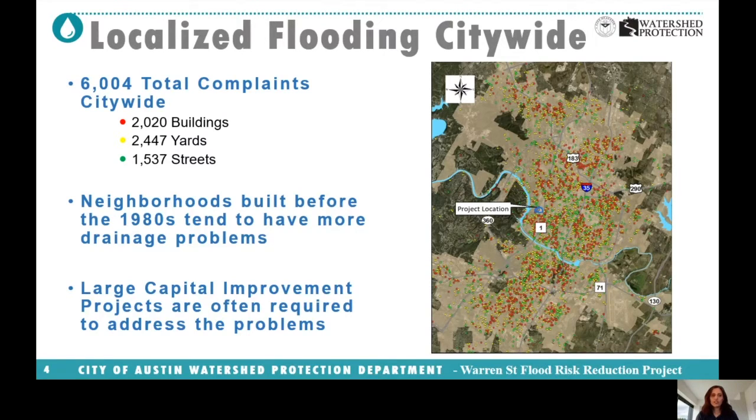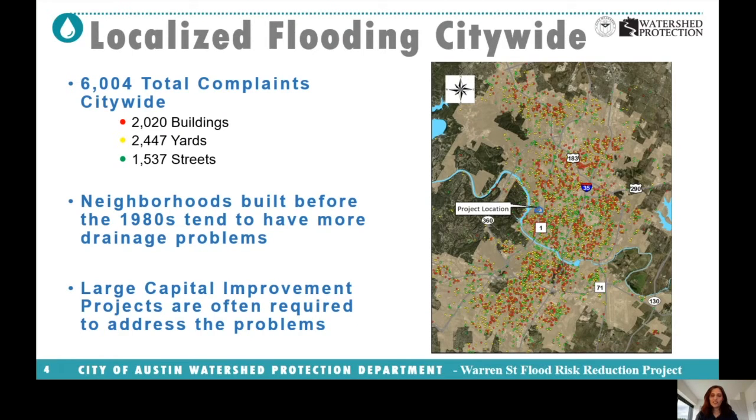The typical trend we see is that neighborhoods that were built before the 1980s, so before the current rules were in place, tend to have more drainage problems. And the blue area shown on the map, called project location, is where the Warren Street project is located.